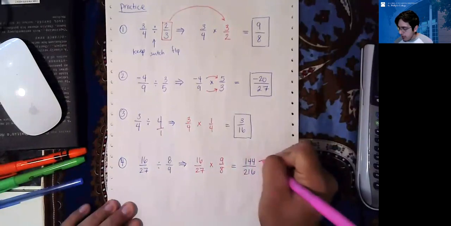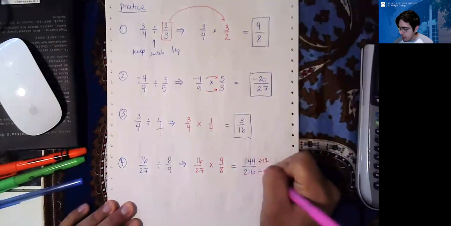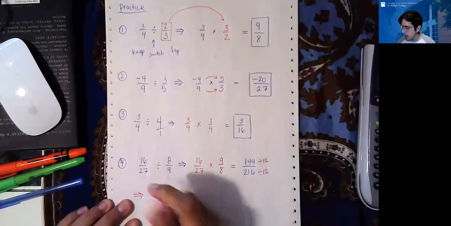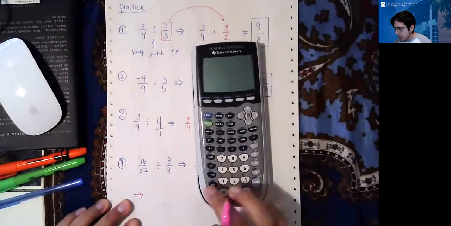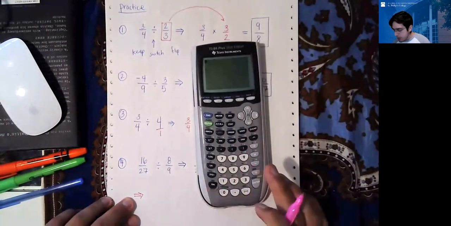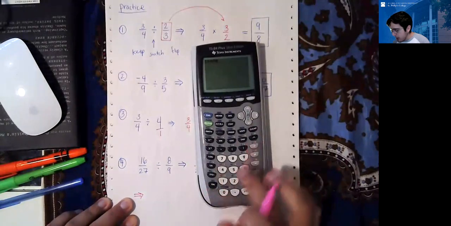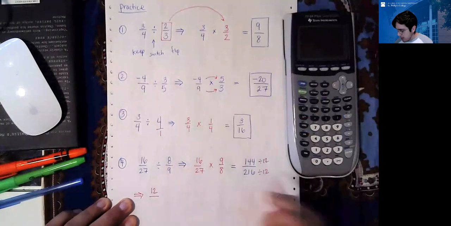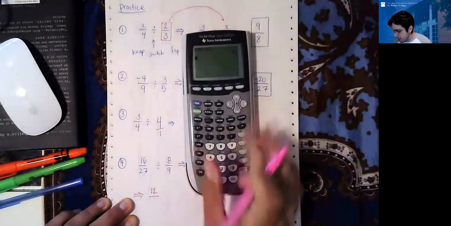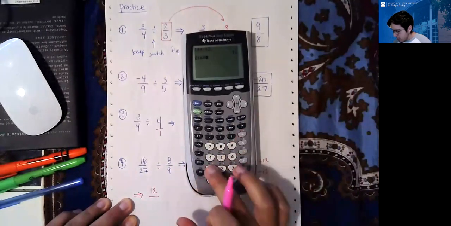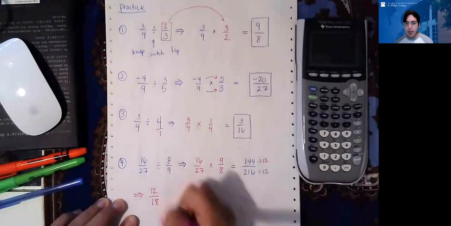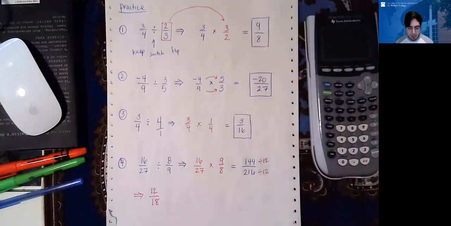So let's see what happens if I just divide that by 12, divide this by 12. Okay, so I'm going to go over here, and maybe I'm going to grab my calculator for this, just in the interest of time. 144 divided by 12 is 12. So boom. And then 216 divided by 12 is 18. Can this fraction be reduced further?